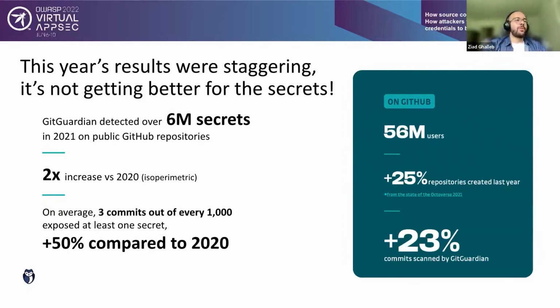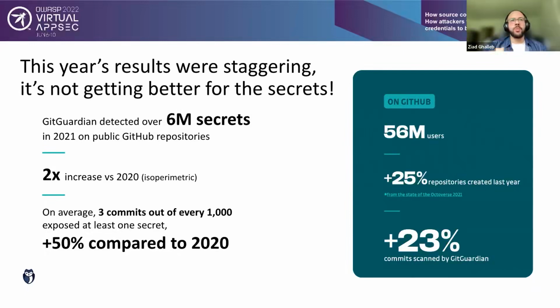Now, on average, every 1,000 commits, we found 3 commits that exposed at least one secret. And that's a 50% increase compared to the previous year. Now, the numbers are big, but let's also put things into perspective. GitHub is huge. It's the largest community of developers out there.